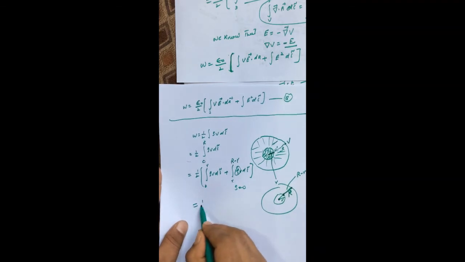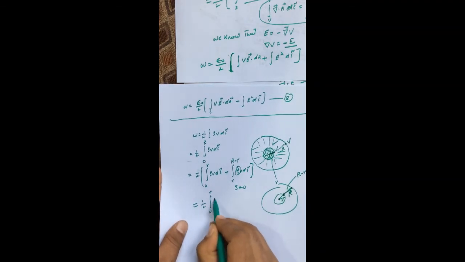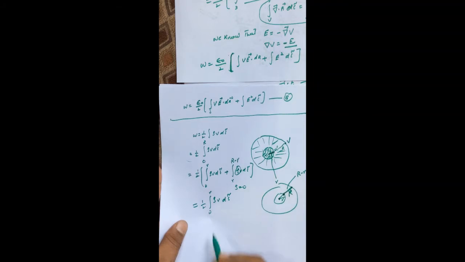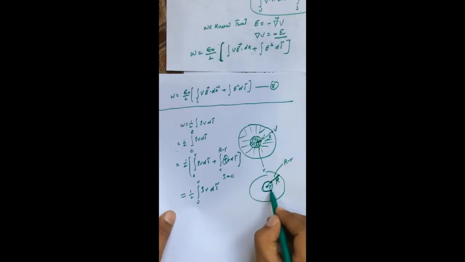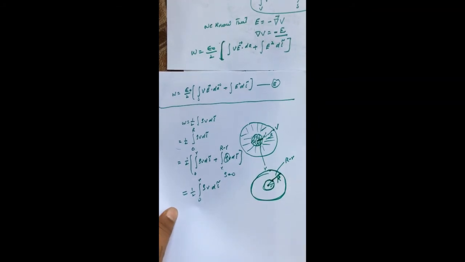So again we have 1 over 2 integral from 0 to small r of rho v d tau. It means that whether I consider this volume or this volume, the result will be the same.